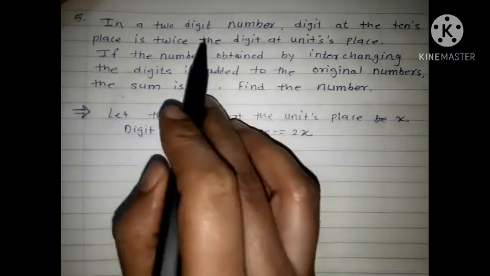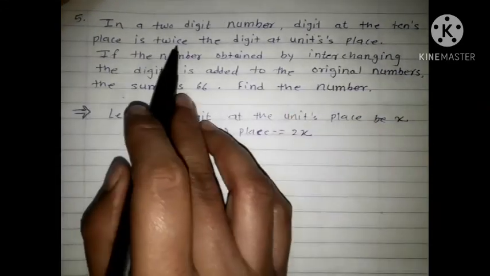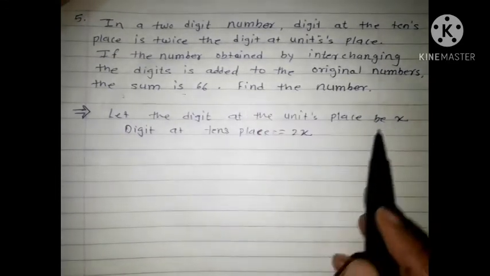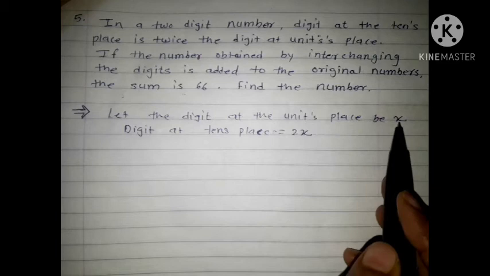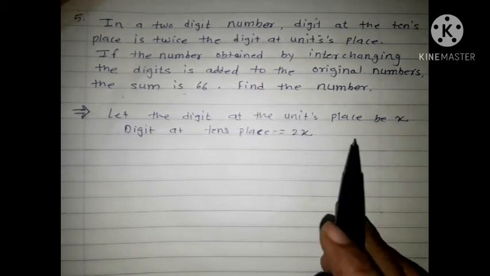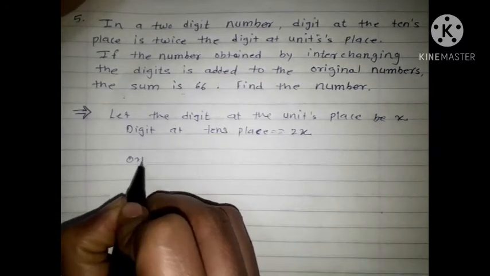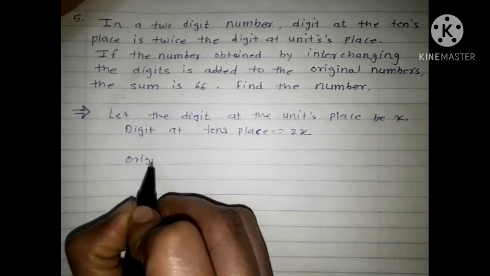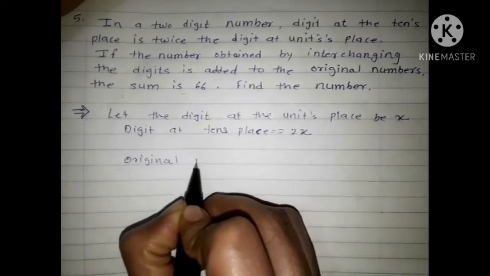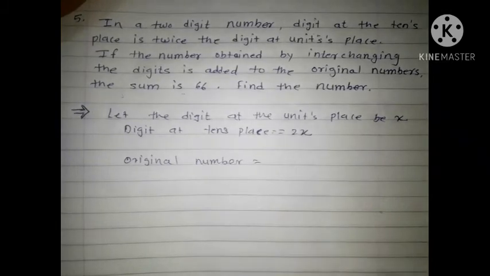Why 2x? Because we have already been given that the digit at the tens place is twice the digit at the unit place. If the number at the unit place is x, then the number at the tens place will be 2x. Therefore the original number is equal to what?